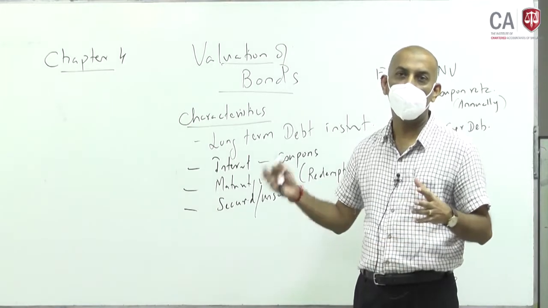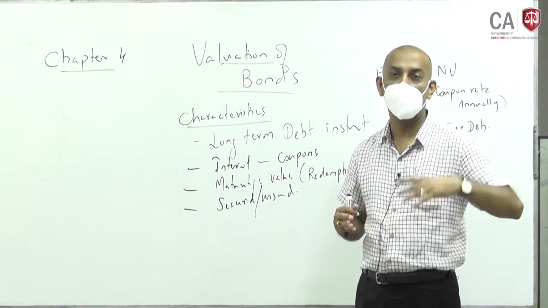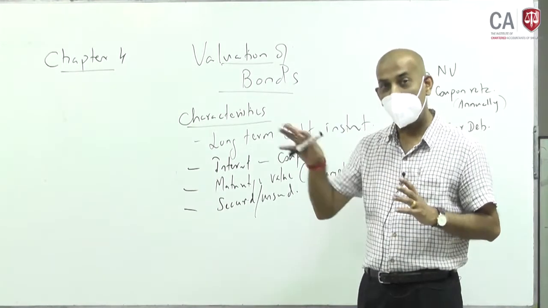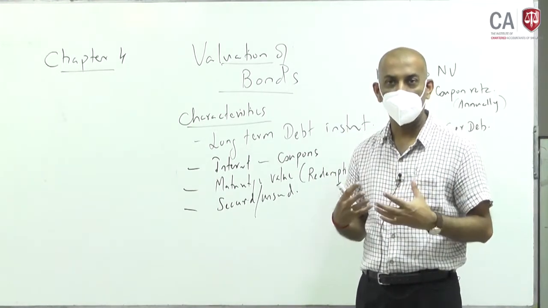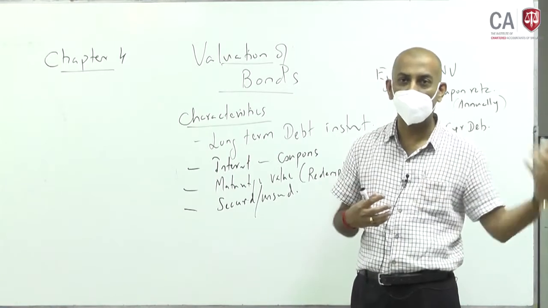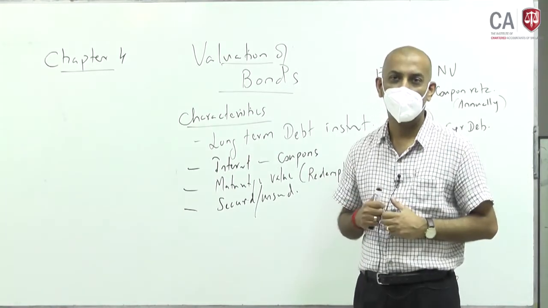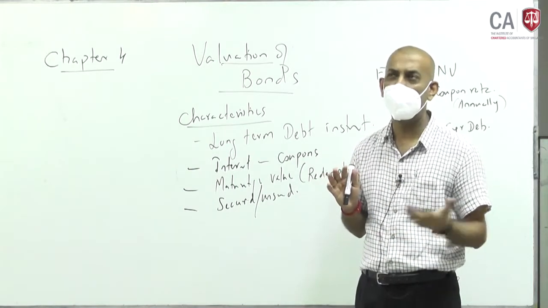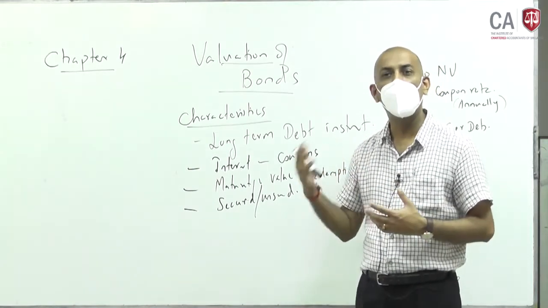So anybody who invests in the debenture, when the company goes into difficulties and can't pay the debenture, the debenture holders have the right to claim that money from the assets which were mortgaged to the debenture.